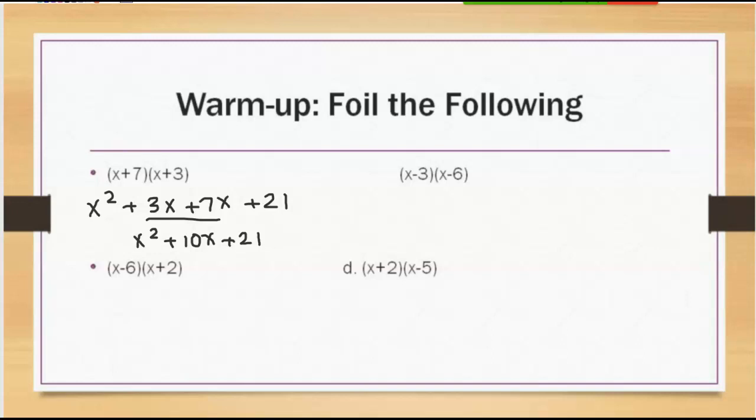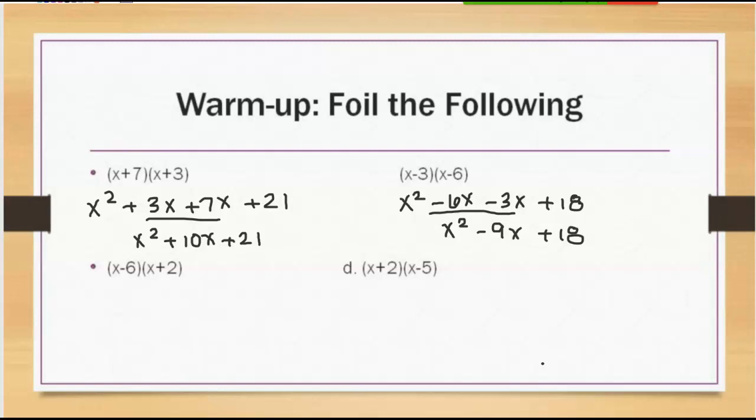Over here, you have x squared minus 6x minus 3x plus 18, and you get x squared minus 9x plus 18, once again combining like terms.